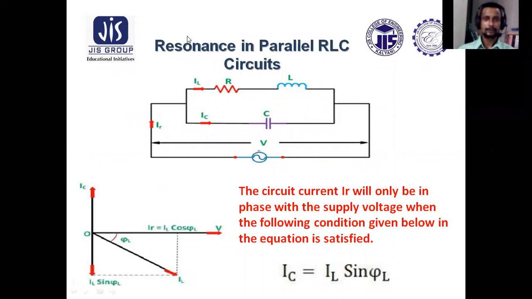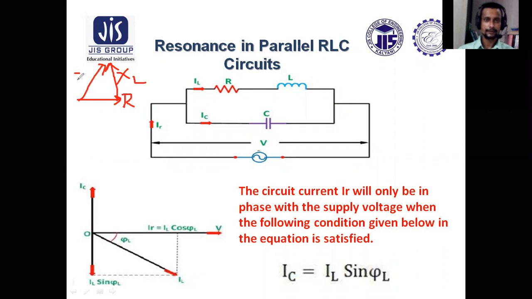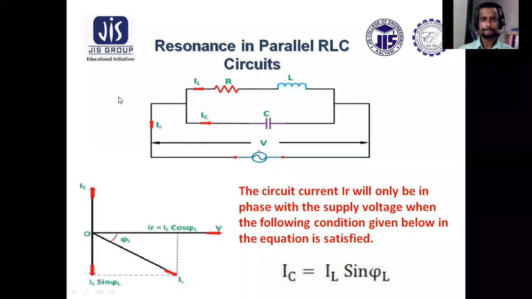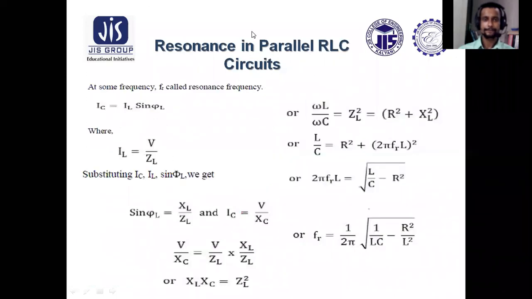So if we draw the impedance triangle for this one, this is R, this is XL, and this is impedance Z, where this is the phi L. So sin phi L will be height, that is XL, by Z, that is hypotenuse. So sin phi L is XL by ZL.